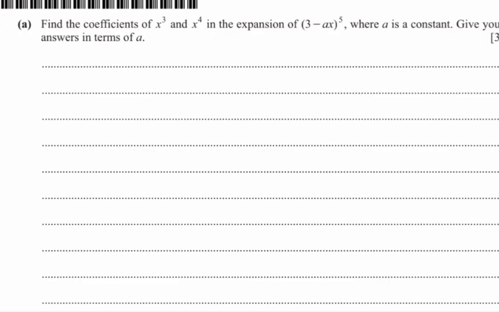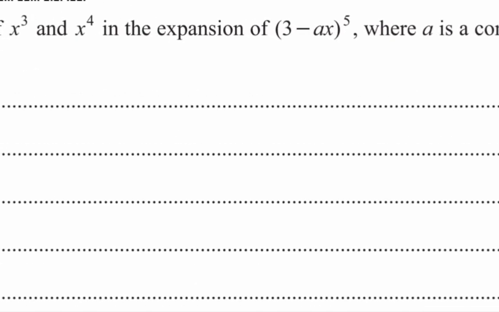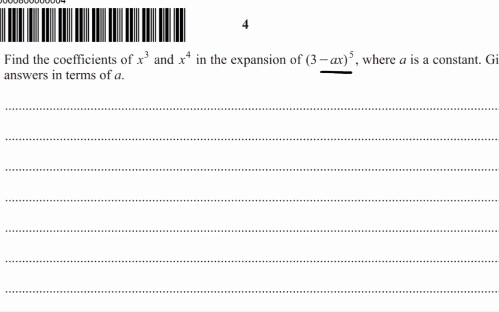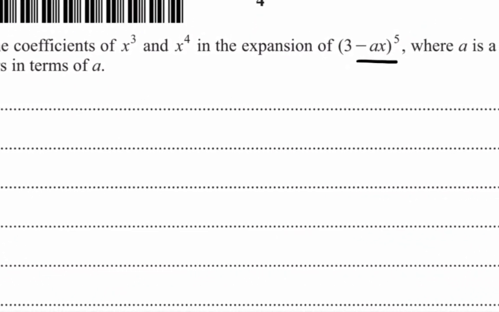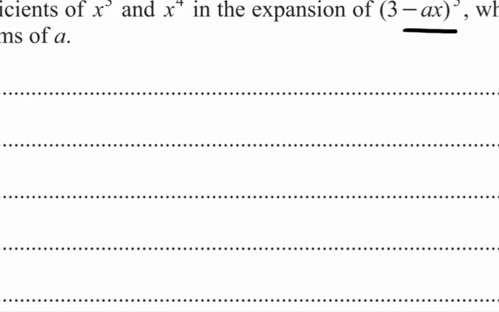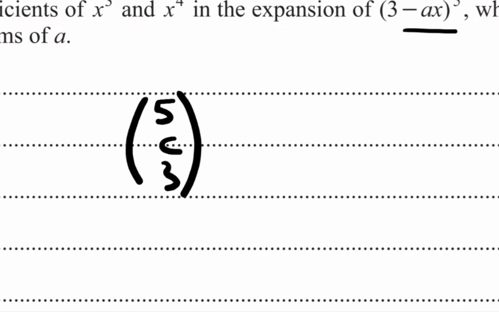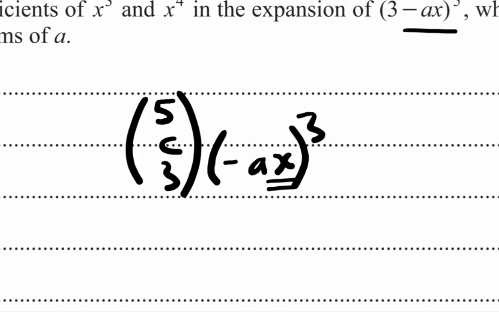So for us to get a term in x to the power 3 here, we'll have to choose 3 from 5. This is a binomial expansion, so we'll say 5 choose 3, then ax to the power 3, and this will give us a term in x to the power 3.